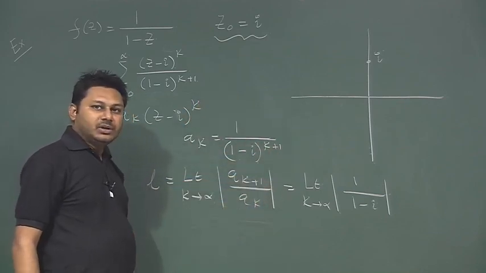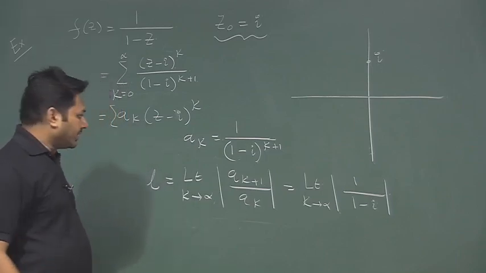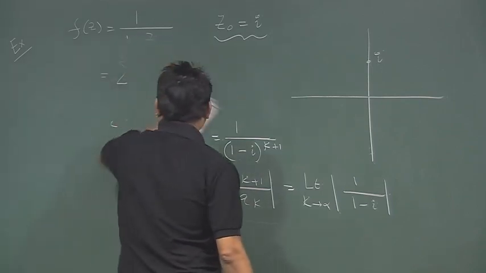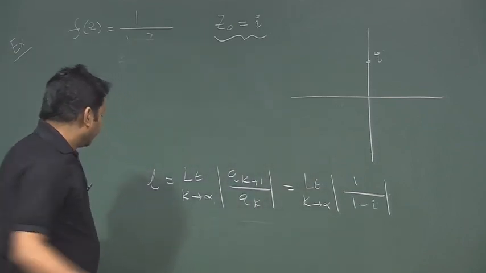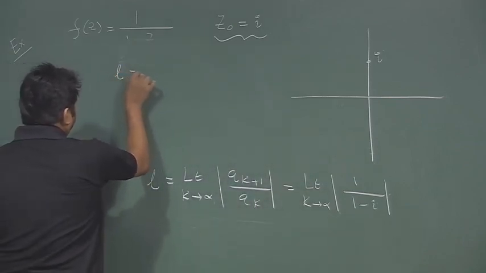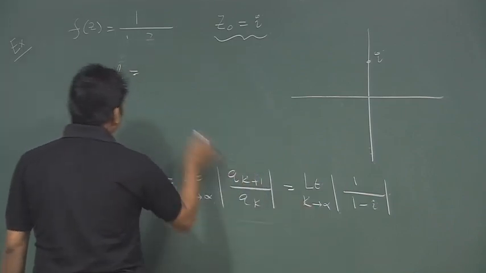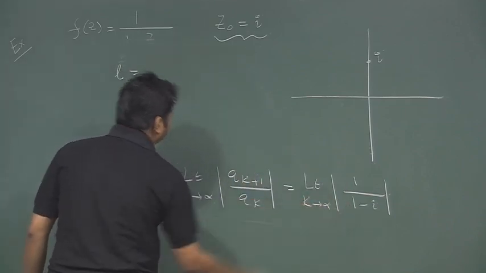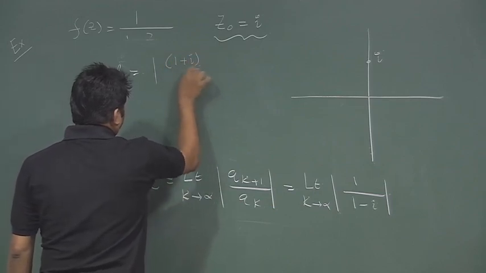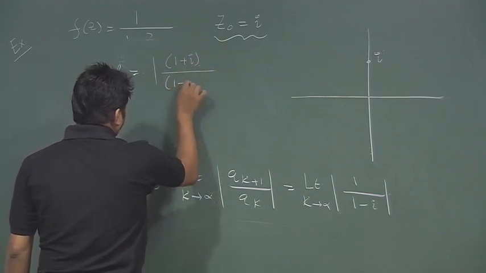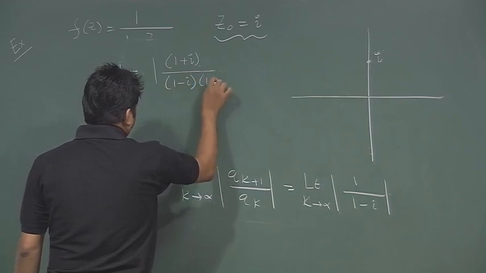So, in the end we have just 1 by (1 minus i). Once you have that, you can have the value of L. Since it is a mod, k is not important here, because k is not there at all. So, (1 plus i) divided by (1 minus i)(1 plus i).